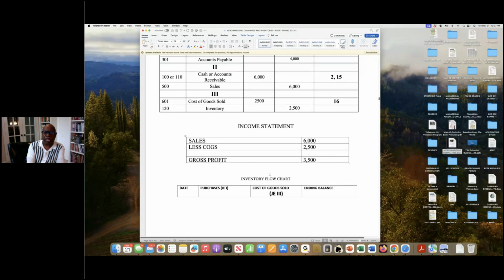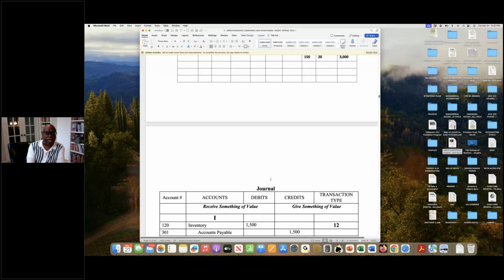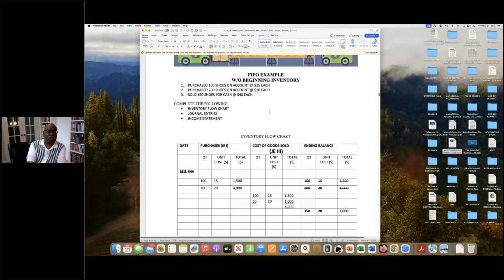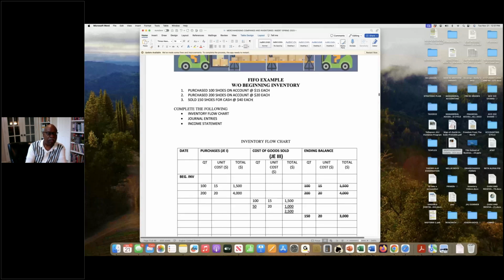Now what actually happens? Let's have a couple more transactions, and you'll see why we're using this approach. So let's move to transaction 4.